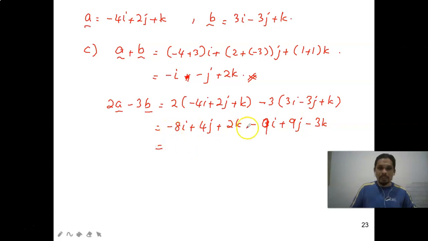So negative 8 minus 9 is negative 17i, 4 plus 9 equals 13j, and 2 minus 3 equals negative k. Okay, there you go.